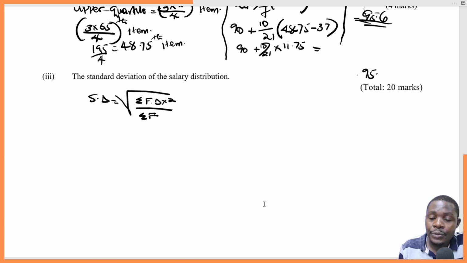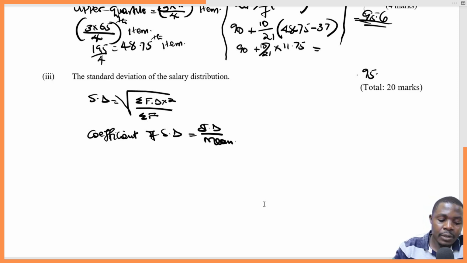At this point we need to determine the deviation from the mean, then we square before we multiply by the frequencies. Then we can also determine the coefficient of standard deviation, which is equal to standard deviation over mean.